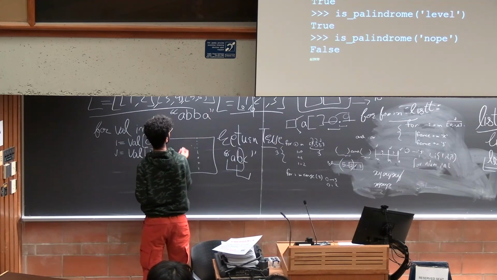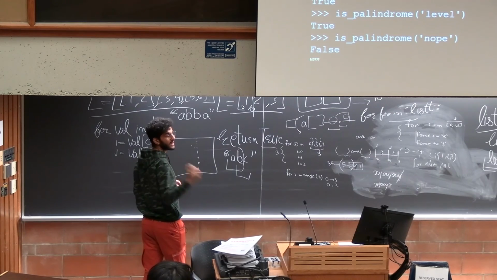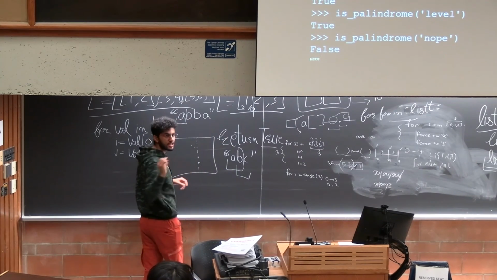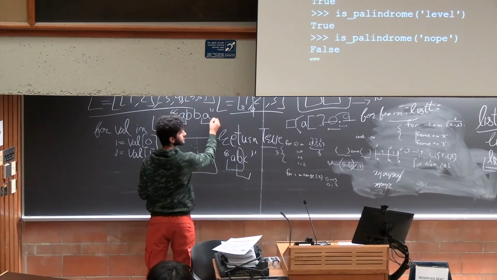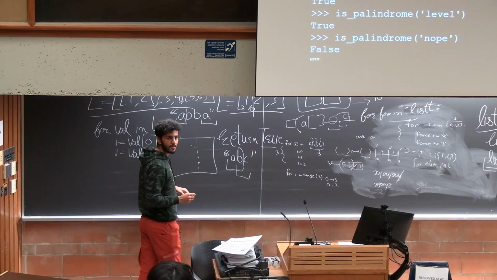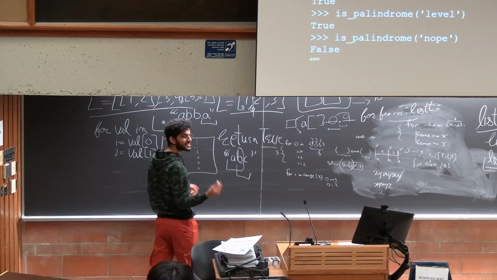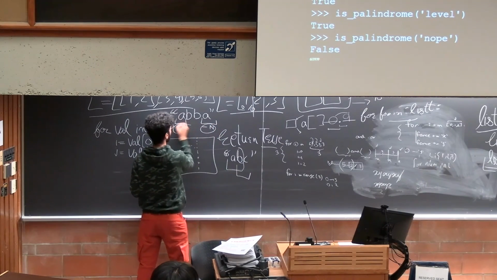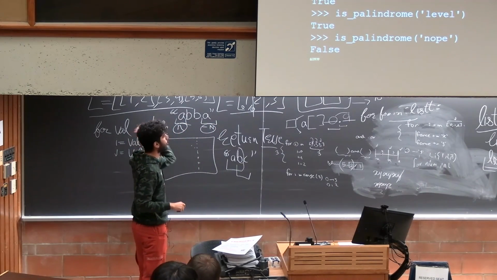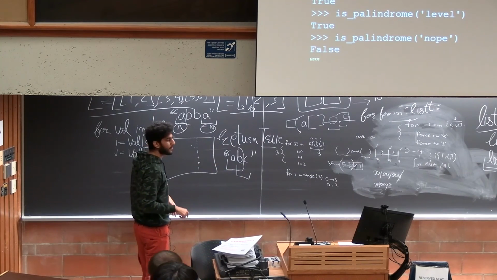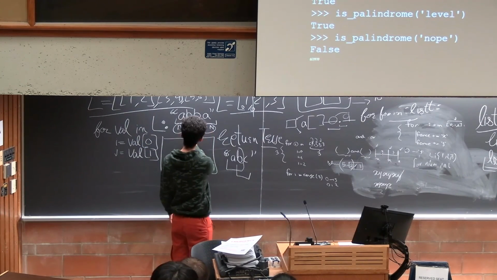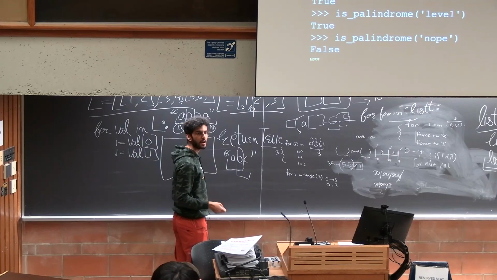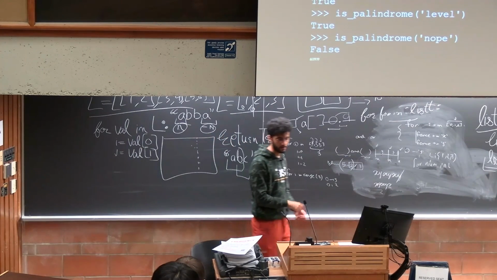So the whole idea is the value at index 0 is equal to the value at index minus 1. This is n, this is minus n. If you run the whole function comparing all these n and minus n, and none of them return false, that means it is a valid palindrome.